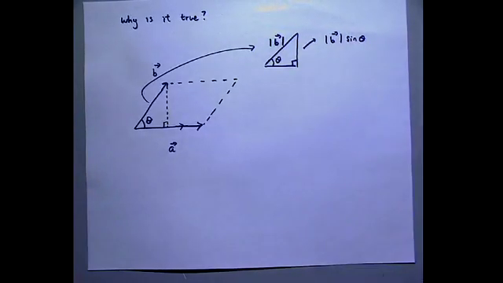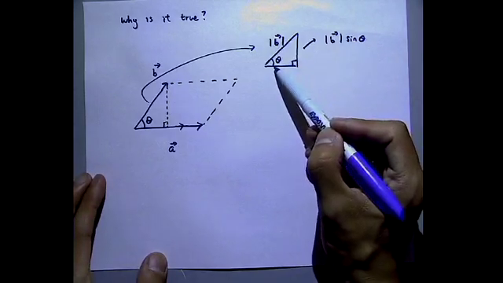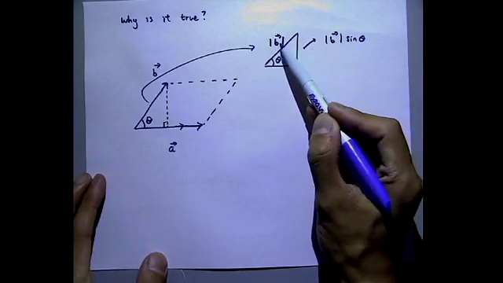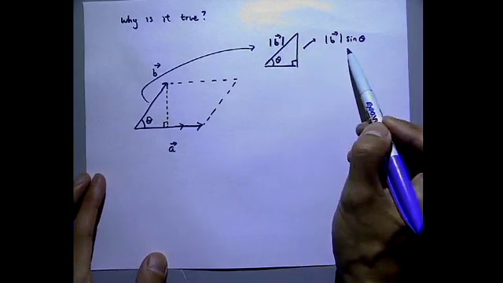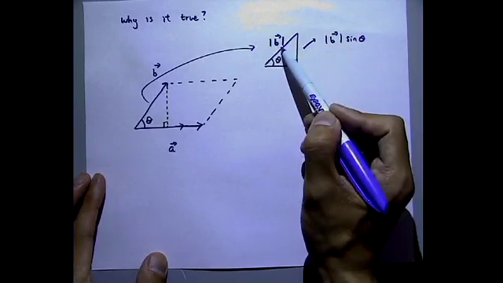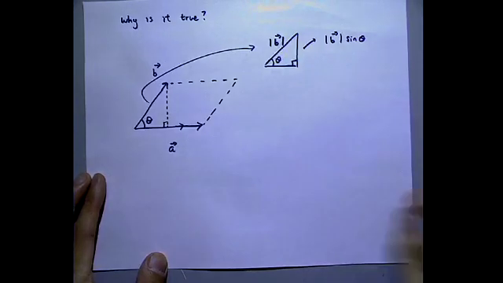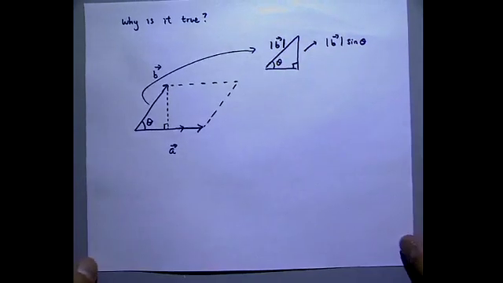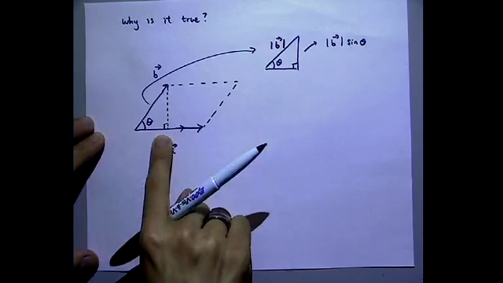And you can check, sine of theta is equal to the opposite over hypotenuse. So if the opposite is exactly equal to that, when you divide by the hypotenuse, you end up getting sine of theta. Then what we're going to do is to rearrange this shape.